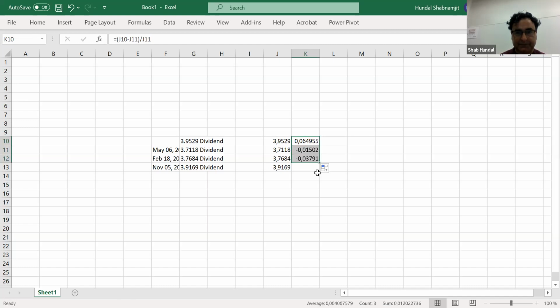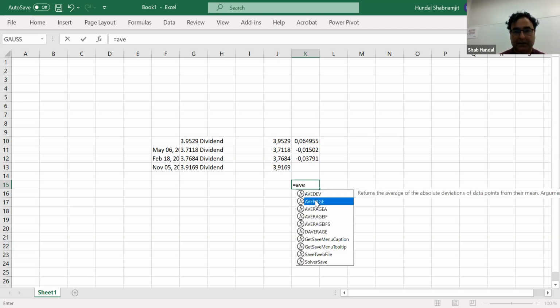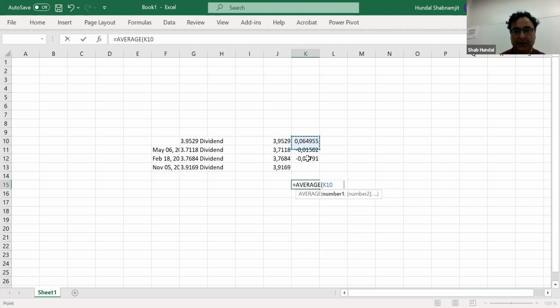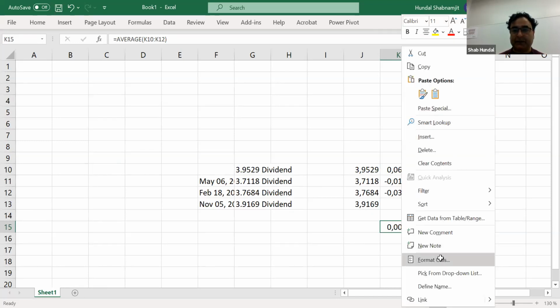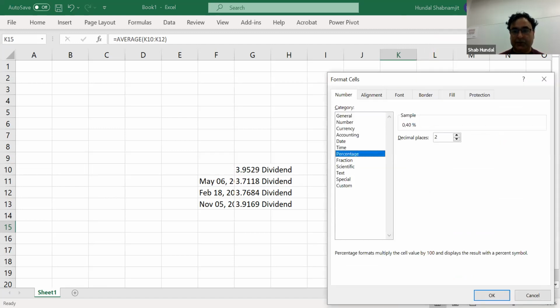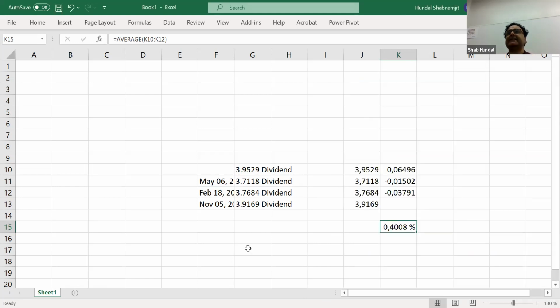Based on this very little data, I can say that the average dividend growth rate, if I convert it to percentage, is a very low growth rate.